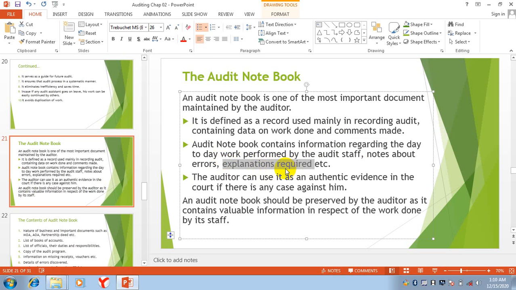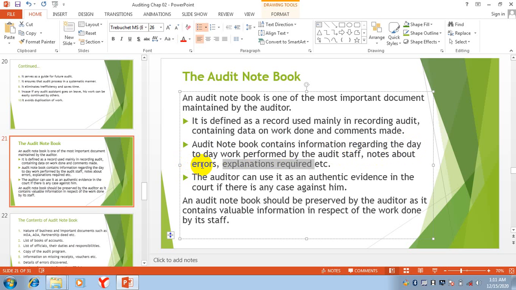In simple words, what is the notebook? It is a book which contains information regarding the day-to-day work performed by the audit staff. Whatever work is done, we record it in the notebook.